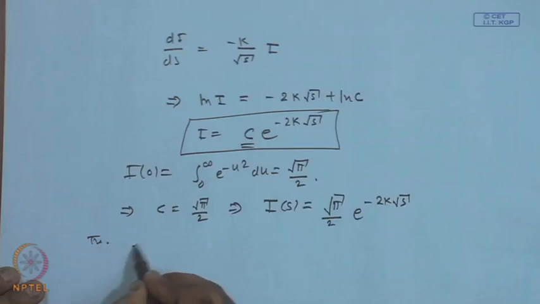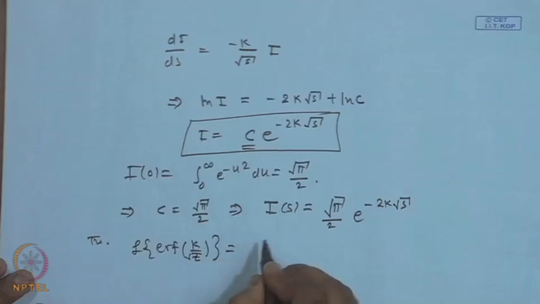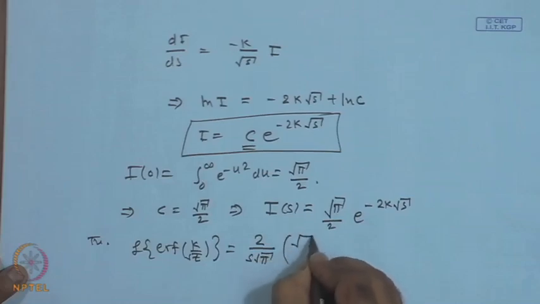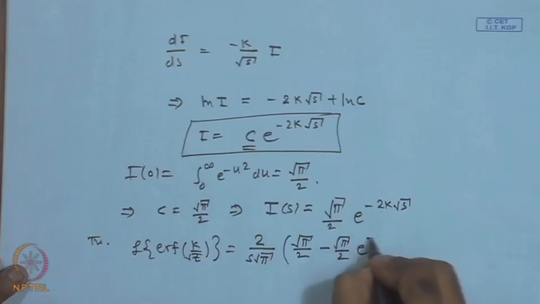So, then the Laplace transform of the error function of k over square root t will be 2 over s square root pi times square root pi over 2 minus square root pi over 2 e to the minus 2k square root s.